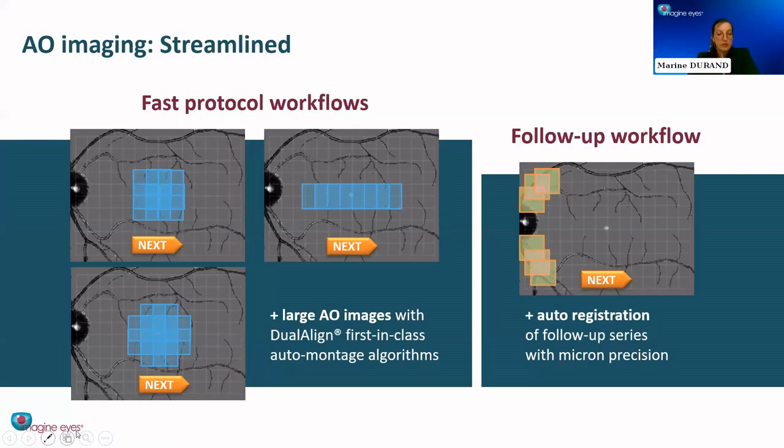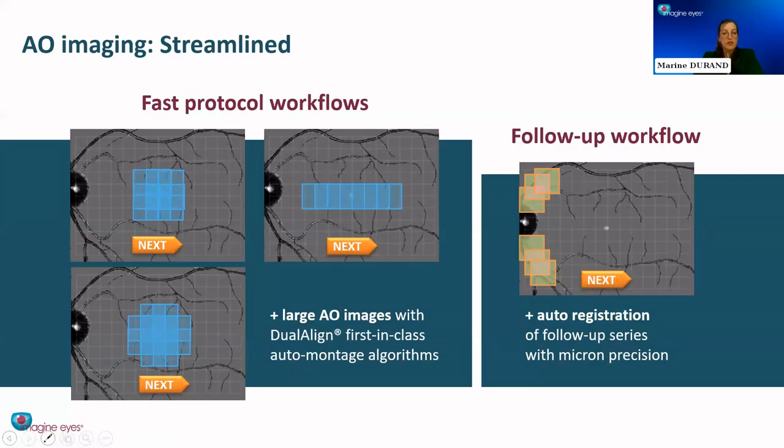So you just capture an image, and then you move on to the next item of the procedure, and you can capture the next image, and so on. And when you are done, all the images that you have captured can be easily assembled in one click in a montage to obtain a larger AO image of the retina with high details.